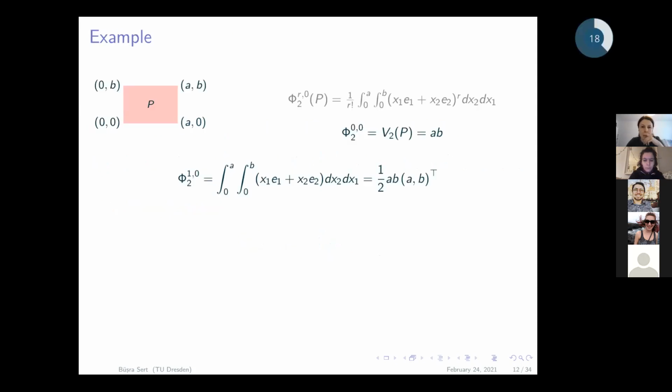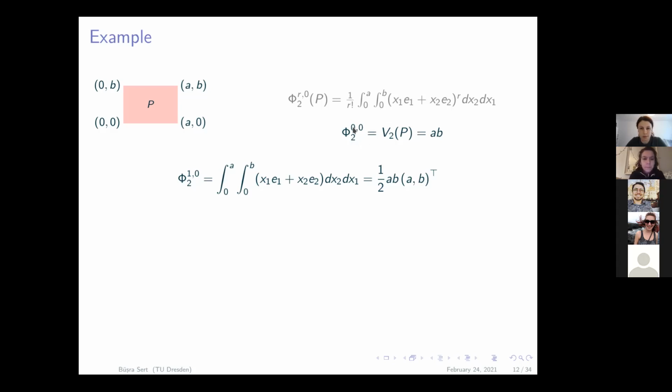Let's see how this works over an example. Let's consider this polytope P. So when we have 2 here, as I said, it's volume tensors. And when we change r, it will just change the rank of the tensor we are inserting here.